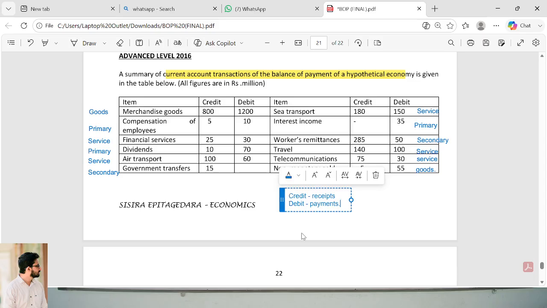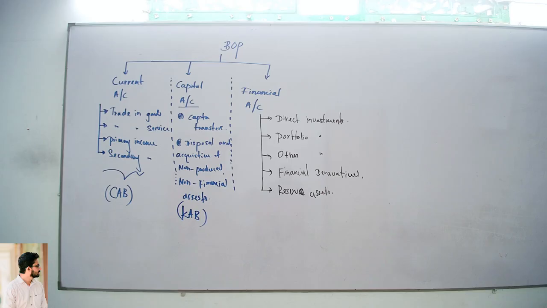If you feel the double entry principle is a bit hard, you can use this method: credit for receipts, debit for payments. But no need to blindly memorize that; I'll explain that point. Look at the board. Give me one minute. In the question, for example, look at the first one, merchandise goods.